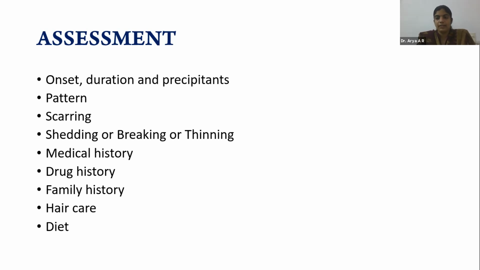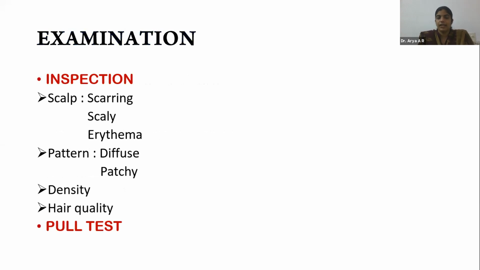Then diet. In the first slide I had explained that blood supply is very important. That is, nourishment is very important for the hair follicle to grow. So diet plays a major role in hair disease conditions. Next one is examination. Examination includes two methods. One is inspection and the next one is pull test. In the inspection, we should look in the scalp for scarring, scaly, and erythema.